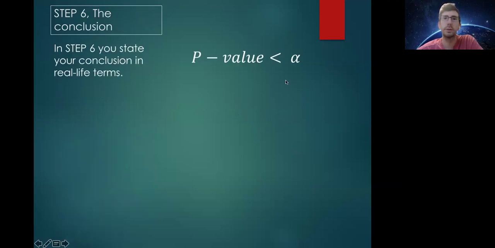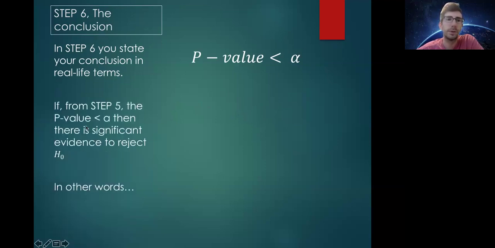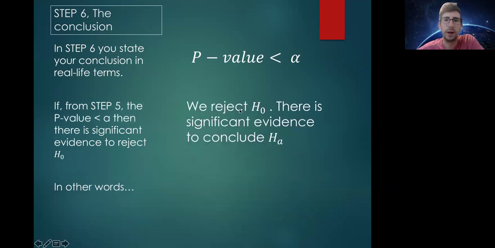So in step 6, we basically take the decision from step 5, and we just write it out into a couple of sentences. So if from step 5, the p-value was less than alpha, then there is significant evidence to reject the null hypothesis. So we say we reject H0, there is significant evidence to conclude our alternate hypothesis.